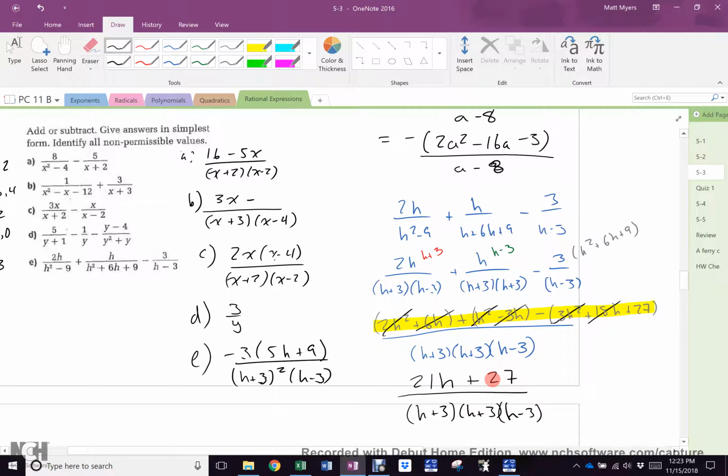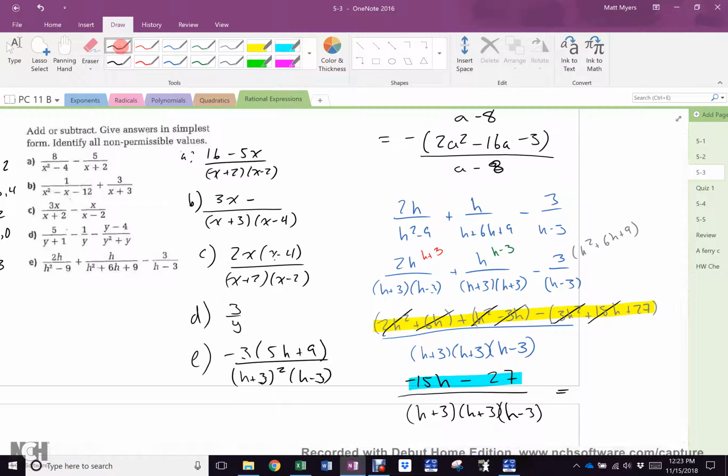Now, wait a second. In my work, I had negative 15h. Oh, idiot. 6 minus 3 is 3. Minus 18h. Negative 15h. And it's minus 27. Minus 27. And then, what can I do here?